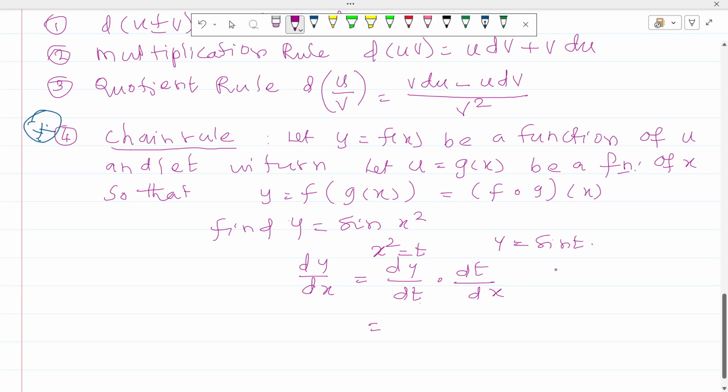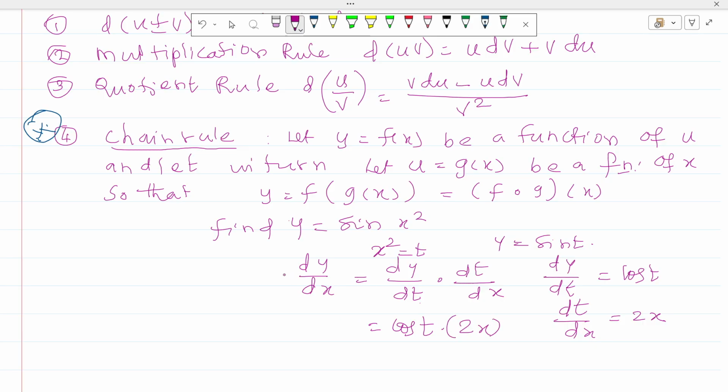Find dy by dt separately: dy by dt equal to cos t. Then what is t here? t equal to x square, so dt by dx equal to 2x. Now you can substitute once again: cos t, and then dt by dx is 2x.